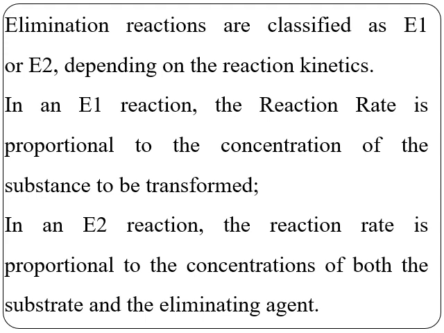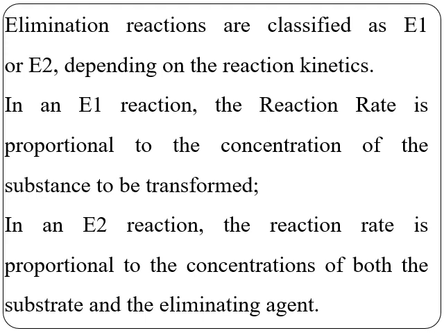Elimination reactions, like substitution reactions, are classified as E1 or E2, and this classification depends upon the kinetics of the reaction. Like we are familiar with in substitution reactions, in the SN1 reaction the kinetics was unimolecular.